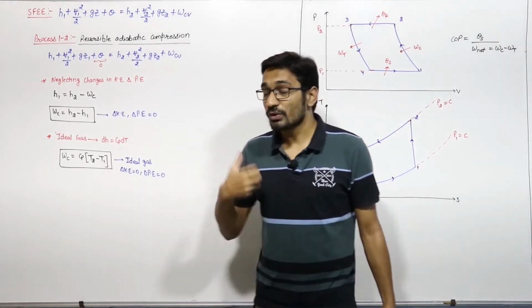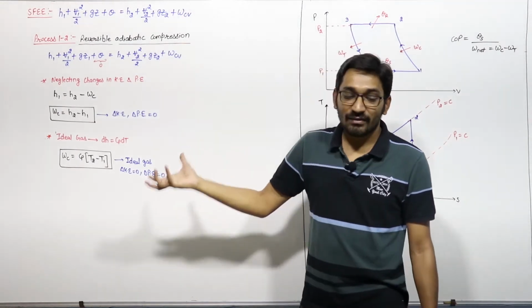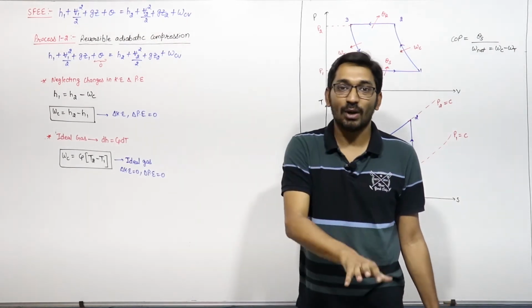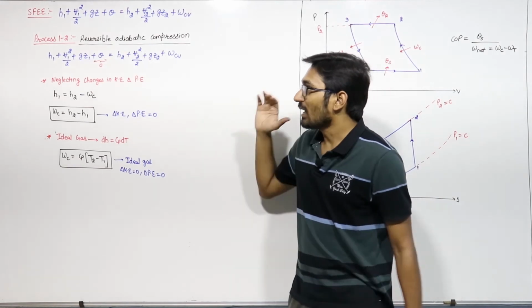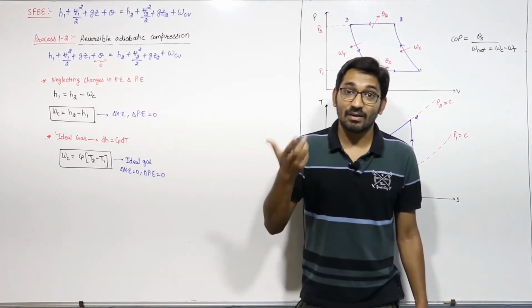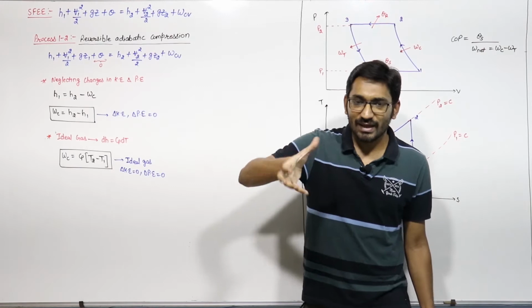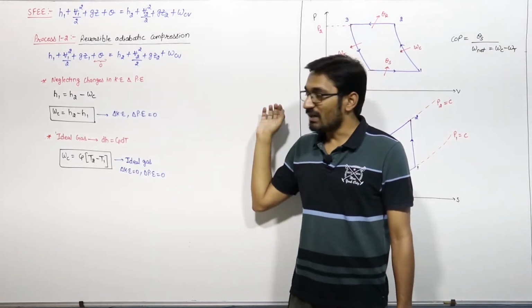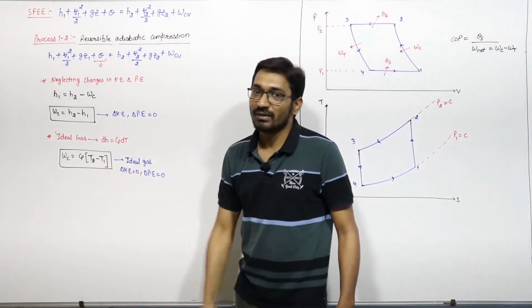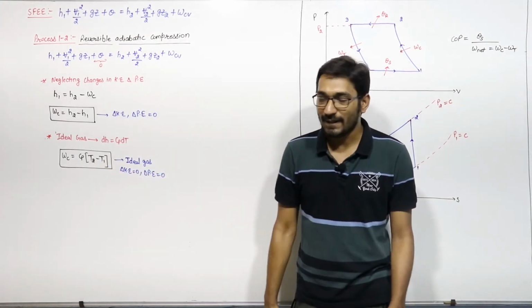But they do not know where to use which formula and what its assumptions are. That is the beauty of thermodynamics and of the GATE paper on RAC. They will give you a tricky question where maybe they will not give an ideal gas, and if you still use this formula, you will get a wrong answer, right?